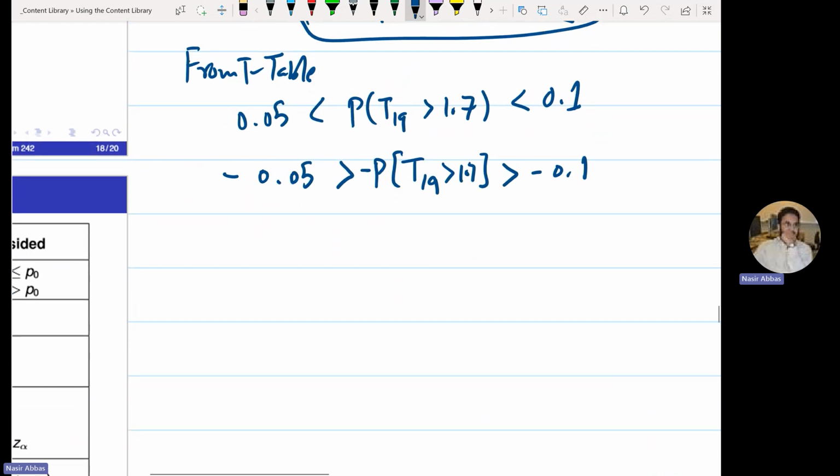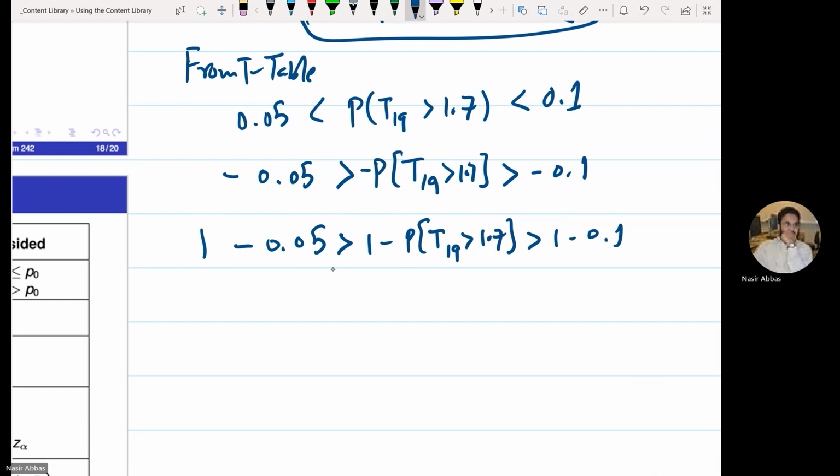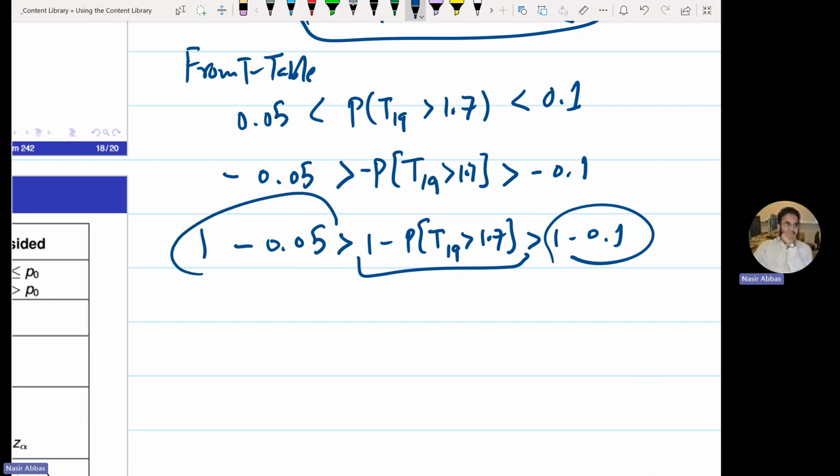What happens when you add 1 throughout? Now what is this? Now this is the p-value. So you can say that the p-value is between this number and this number, which is between 0.9 and 0.95.